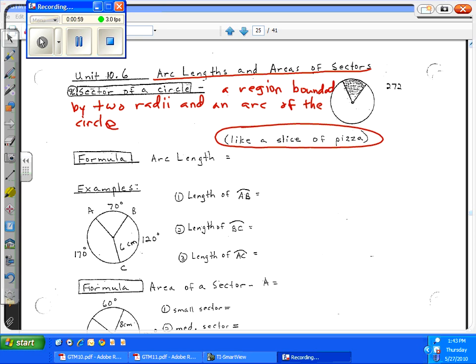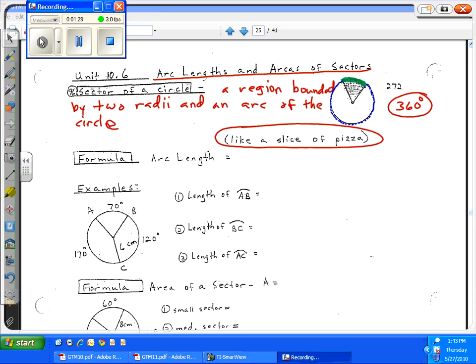Now, if we wanted the length of an arc, that arc is a part of the circumference of the circle, you see. Or we could say it is a fraction of the circumference. If we were dealing with degrees, we know a circle is 360 degrees.